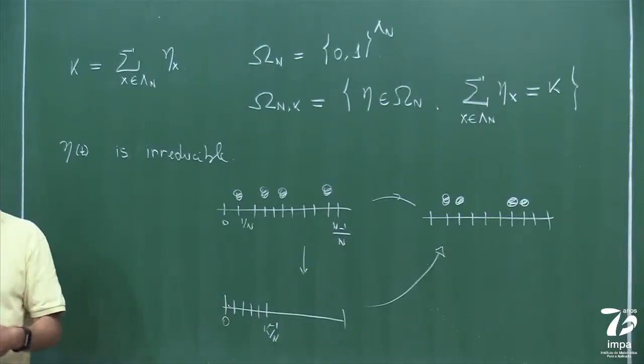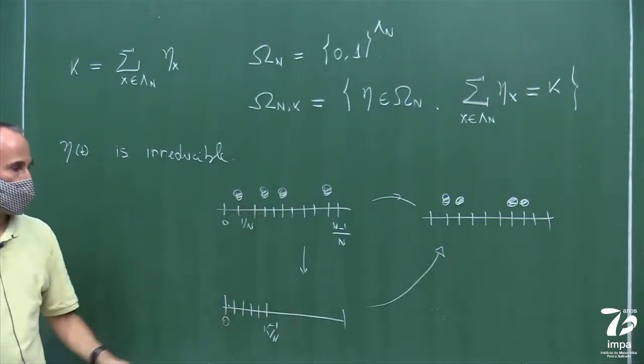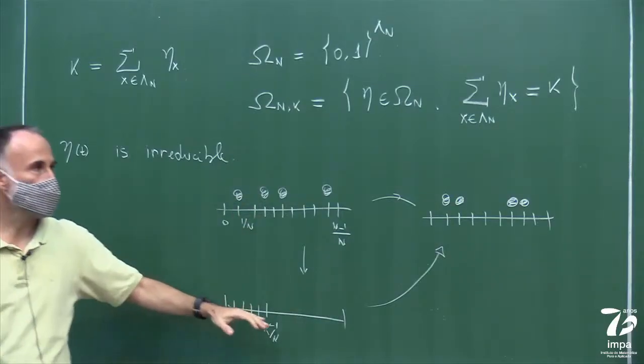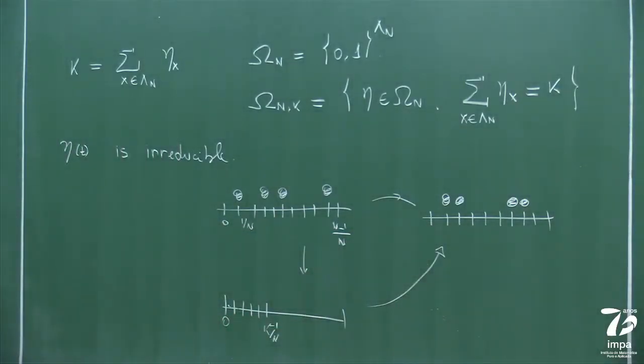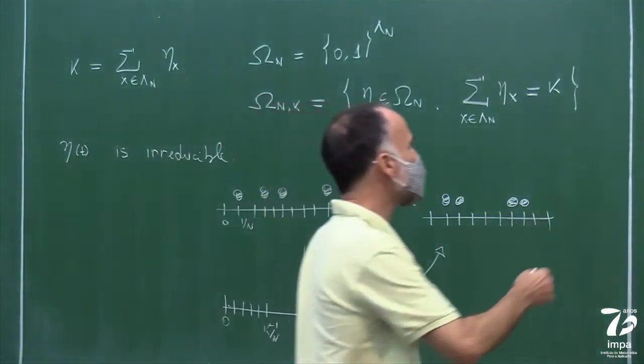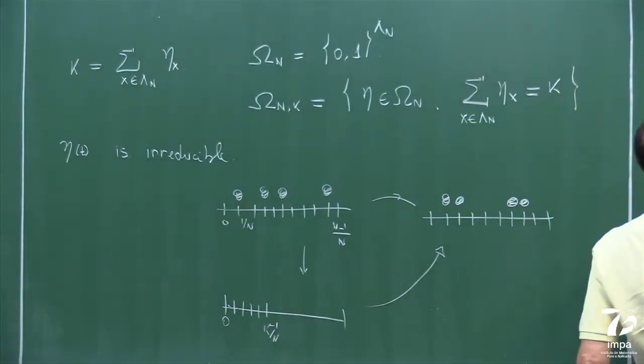So any allowed jump has positive probability, and therefore the discrete time Markov chain can go from this configuration to that, and from this one to that one. So do you agree that if I fix the total number of particles, then this is an irreducible Markov chain? Okay, so if it is an irreducible Markov chain, I know that there exists a unique stationary state.